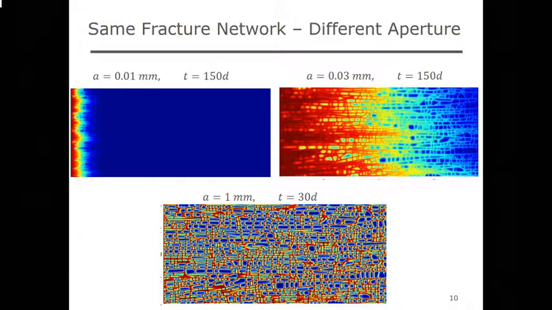If we have a drinking water reservoir to the right, we might be very interested in how quickly our contaminant reaches the right end. The snapshots on the top are both after 150 days, and at the bottom it's even only after 30 days. So the flow pattern that we observe here is highly sensitive to the aperture.